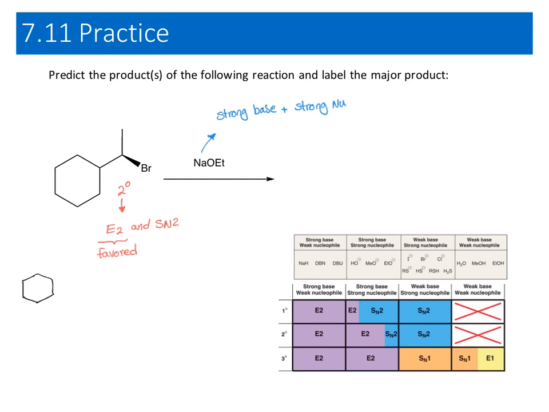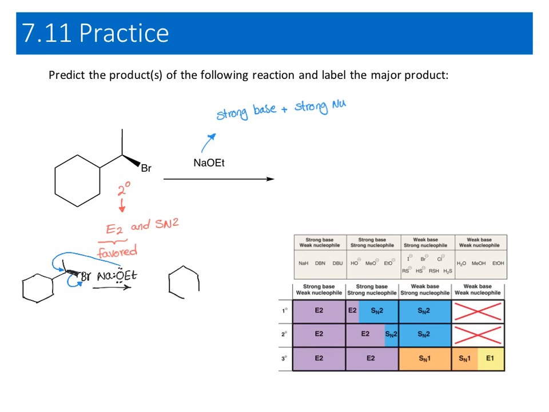So for the substitution, through SN2 mechanism, ethoxide acts as a nucleophile, attacks the alpha carbon, and the leaving group leaves to form the product.